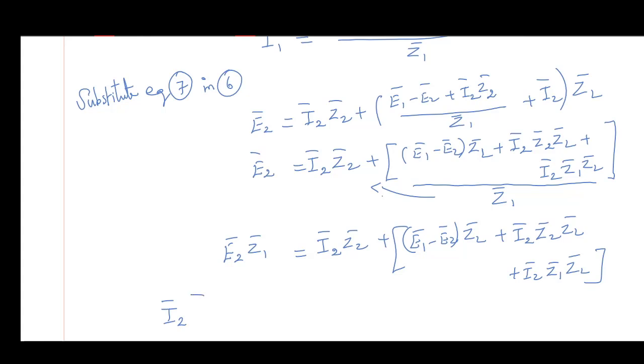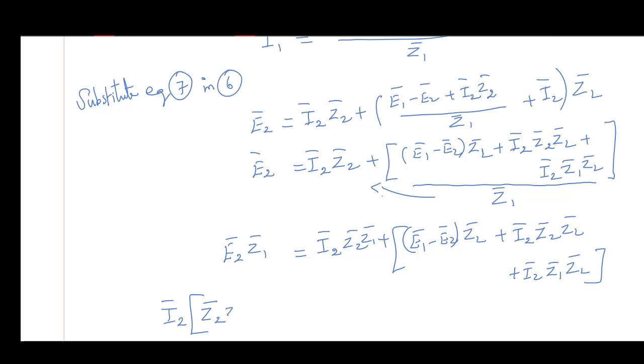If you take I2 vector common, then this equation will become I2 vector times Z2 vector plus, here I missed one component, Z1 vector, sorry.